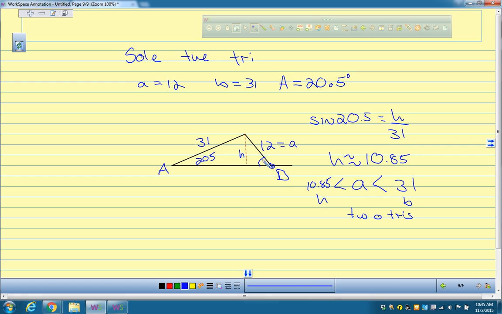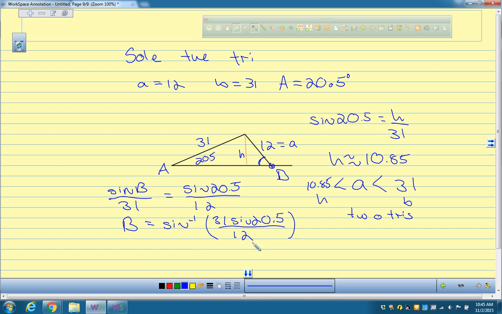So the way you find this angle right here, first case, you just do it like you're doing it normally. You go sine of B over 31 equals sine of 20.5 over 12, right? And I cross multiply and I get that angle B is equal to the inverse sine of 31 times the sine of 20.5, that quantity divided by 12.